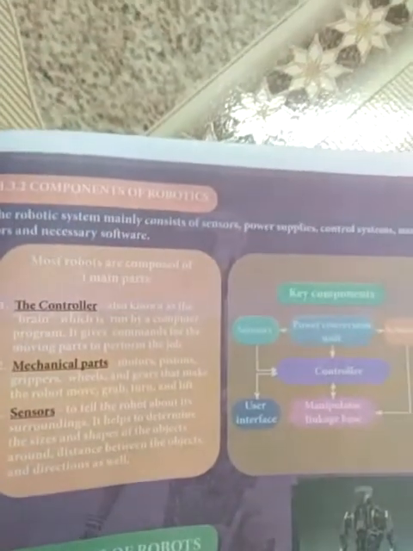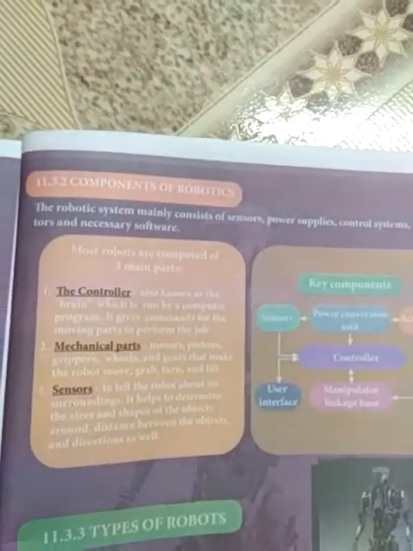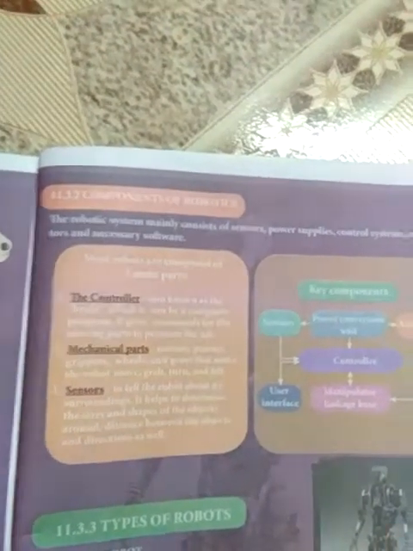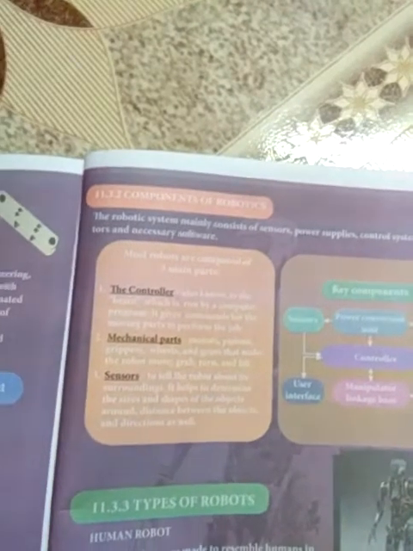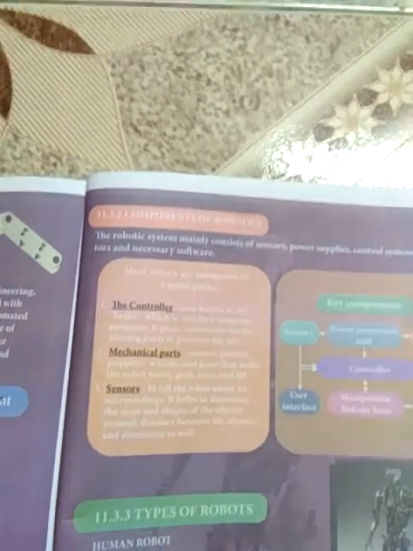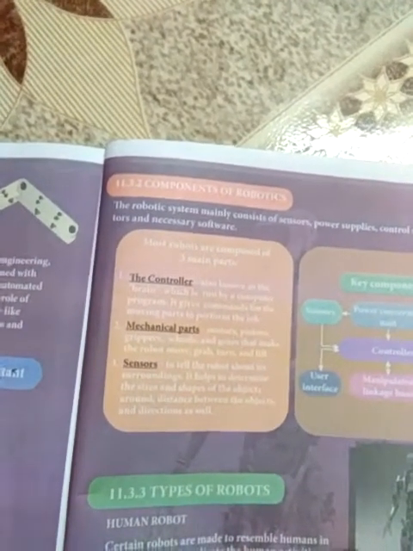Mechanical parts: motors, pistons, grippers, wheels and gears that make the robot move, grab, turn and lift. Sensors tell the robot about its surroundings. They help to determine the size and shapes of the objects around, the distance between objects and the direction as well. Okay, so these three types are coming in the 2 mark questions.